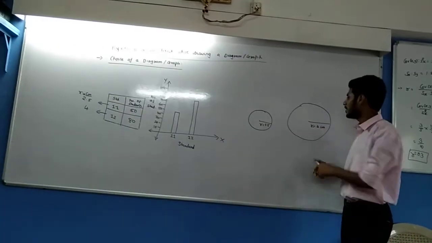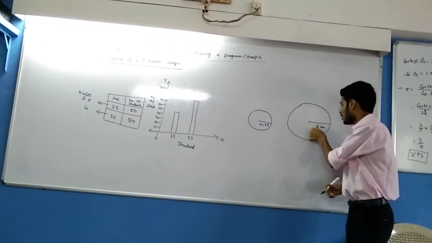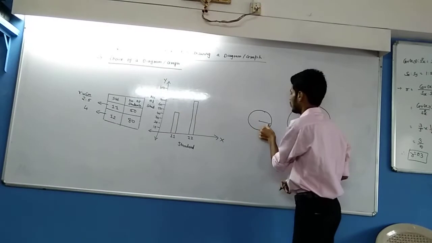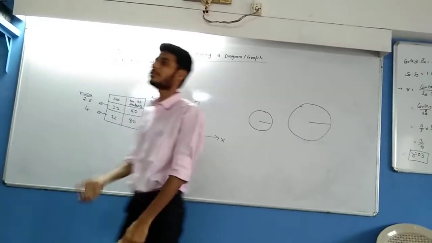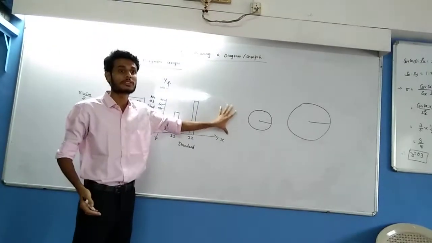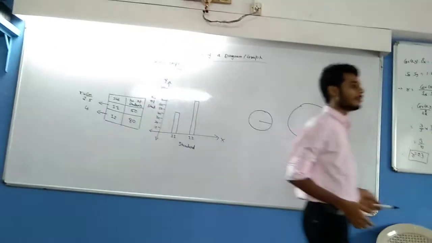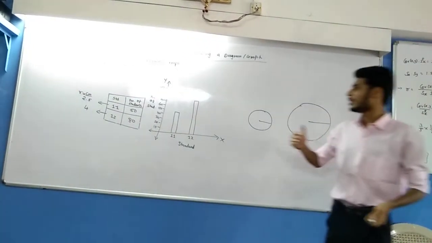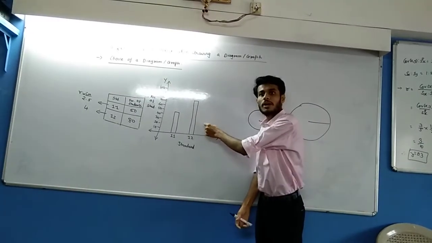and I don't write the radius inside the circles, then it will become difficult for you to decide which circle is bigger and which is smaller just by looking at the pictures. So whenever there is more information, you should go for a bar diagram.